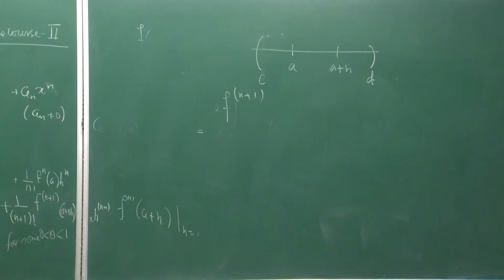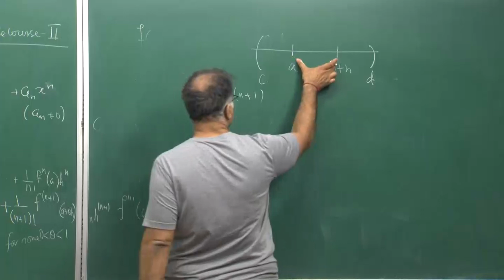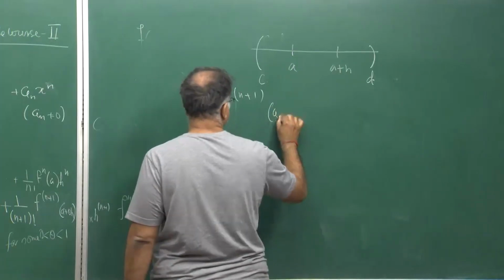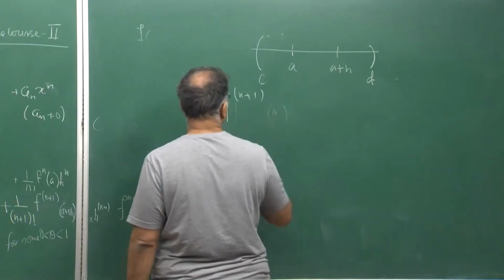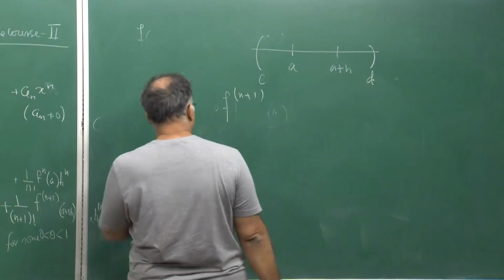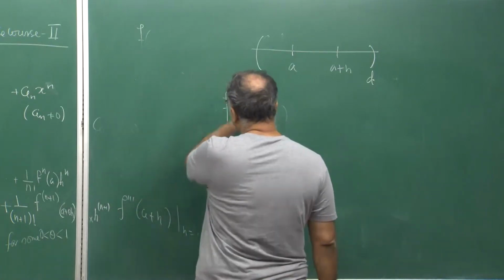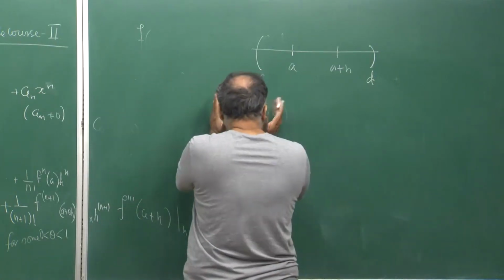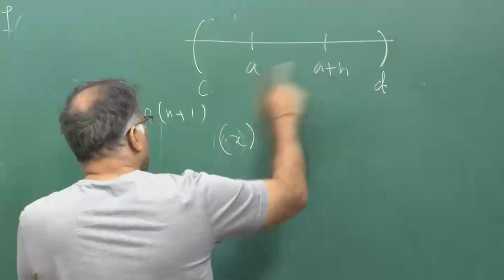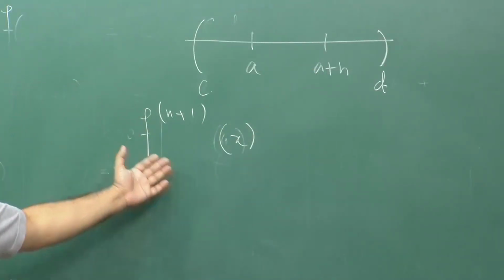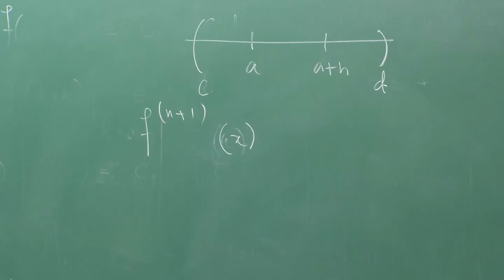And then in the closed interval a to a plus h, if I take the function f^(n+1)(x) in the closed interval a to a plus h, then this is a bounded function because it is continuous.